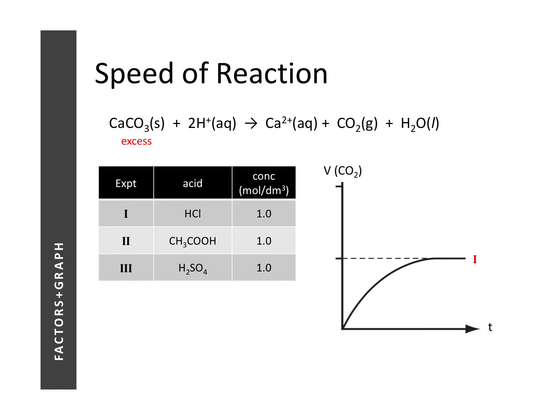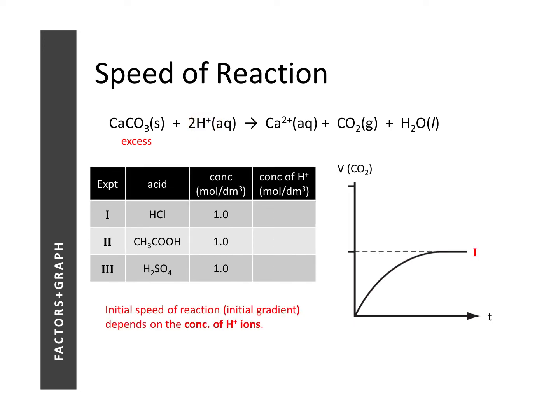So the actual reactants in this reaction would be your carbonate reacting with your hydrogen ions. Your hydrogen ions are one of the main reactants in this reaction. So when we consider the concentration of your reactants, we shouldn't be looking at the concentration of the acid, but the concentration of hydrogen ions.